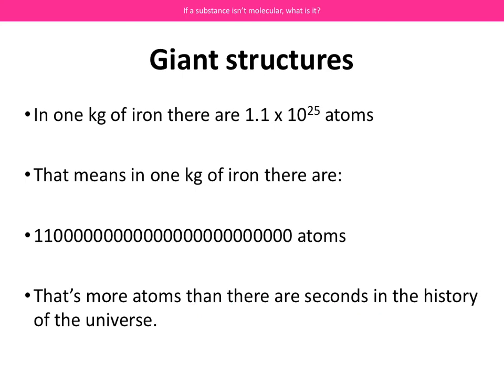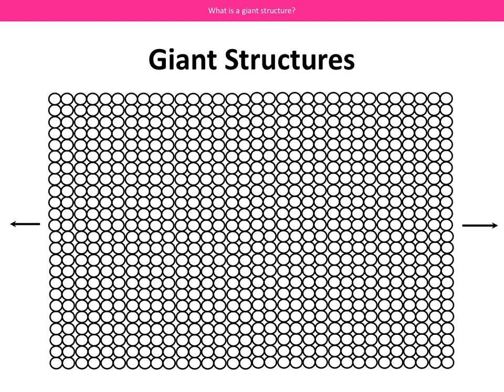It's an enormous number. And when we're talking about a giant structure, we're thinking visually of something like this. And this is only a very, very tiny part of it. So you've got these arrows coming off at the side. And what we're trying to say is what you're seeing here goes on and on and on, and it would also be going on and on upwards as well.